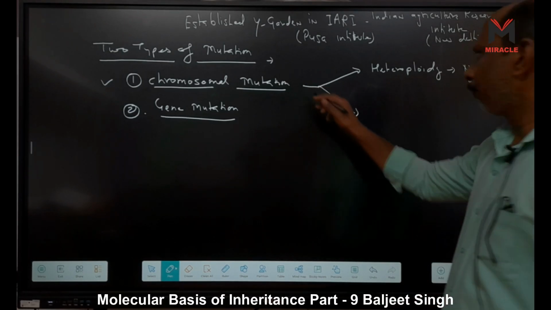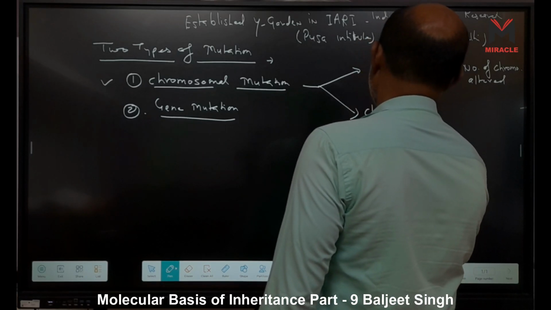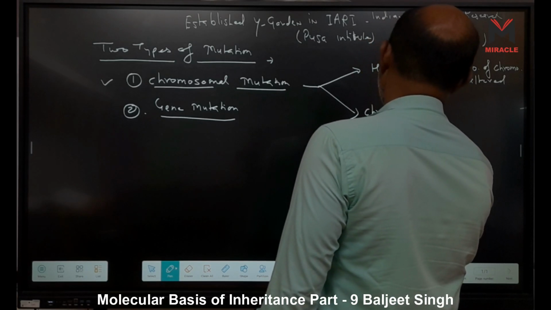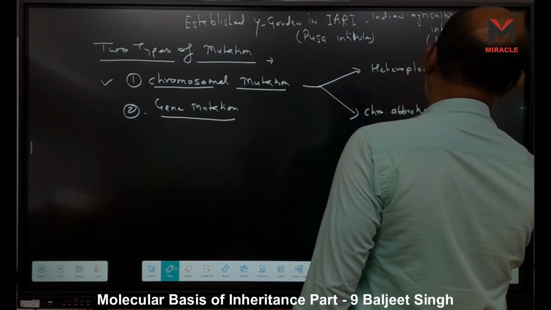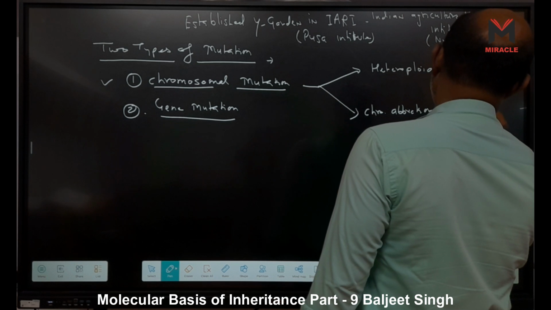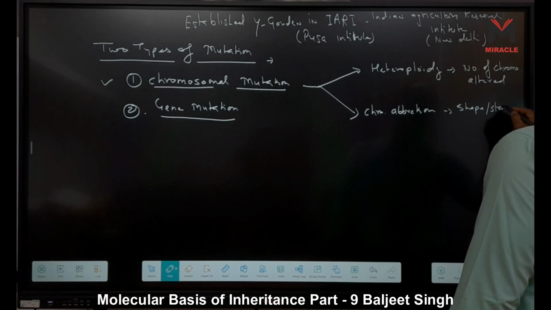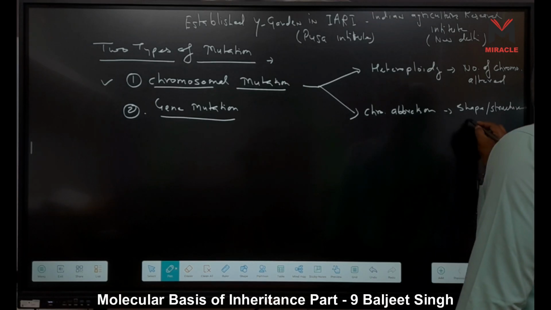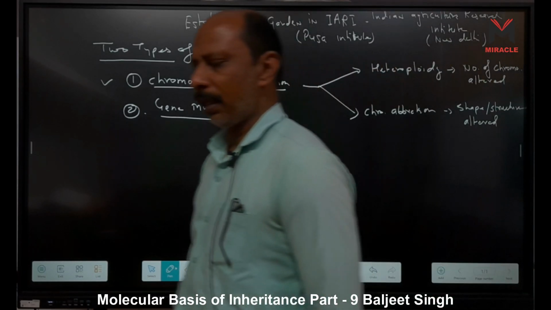And second is chromosomal aberration, where shape or structure is altered.